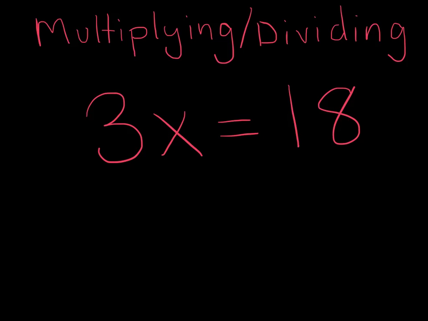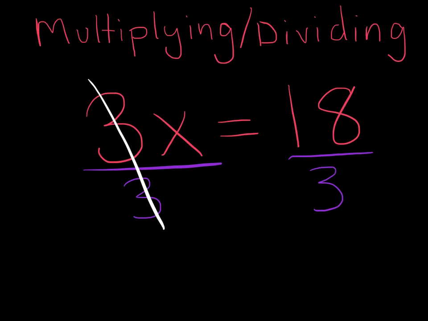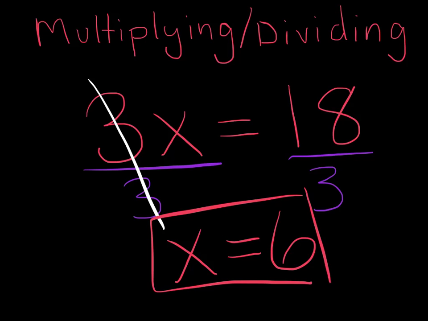So I would have to divide both sides of the equation by 3. 3x divided by 3, the 3's cancel, I'm left with x. 18 divided by 3 is equal to 6. And if I wanted to check this out, I could go back to my original equation and say that 3 times 6 is 18, and I know that my solution is correct.